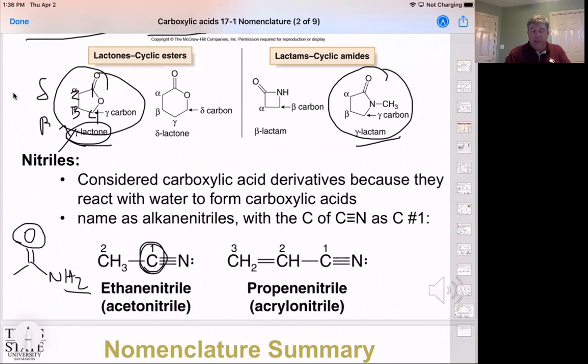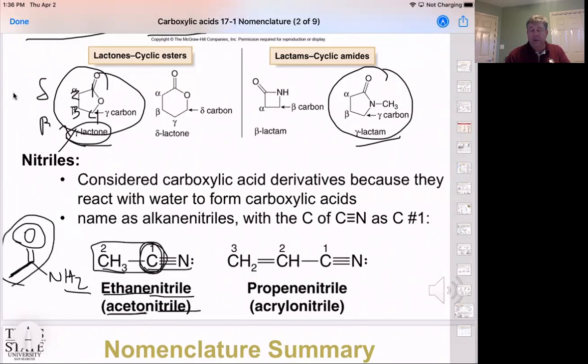So this would be the acetamide because it's 2 carbons, or ethanamide under the systematic name. So that makes this ethane nitrile, because it's the total of the 2 carbons in the chain and then a nitrile group. This is also called acetonitrile because this was the acetate group.